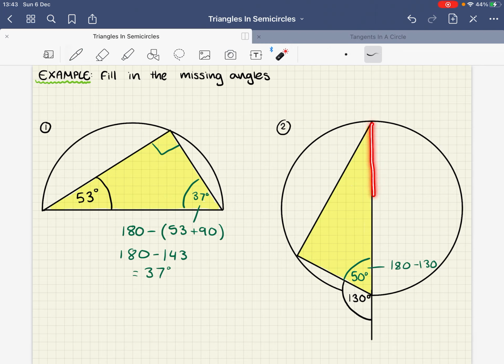Then I've got my diameter line here, so that means the angle opposite it is going to be 90 degrees. And then my last angle here, take away my other two angles added together. Oops, sorry, got a bit squished there. So 180 take away 140, and that's just going to give me 40 degrees.